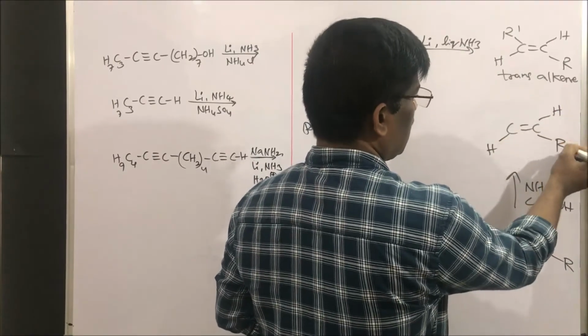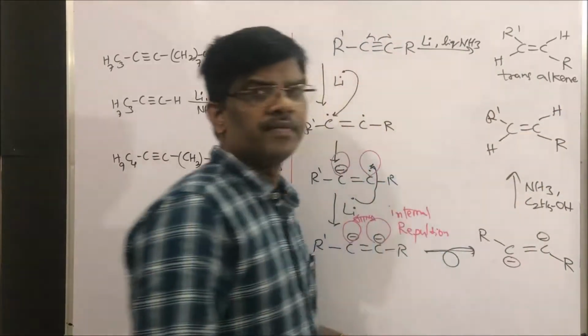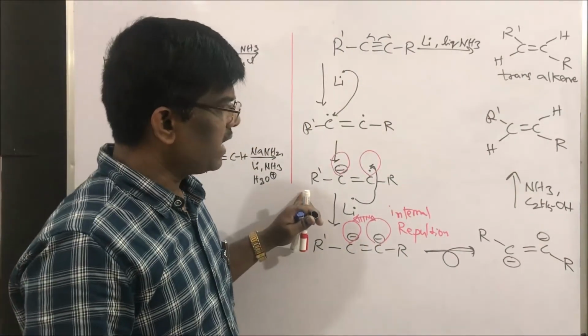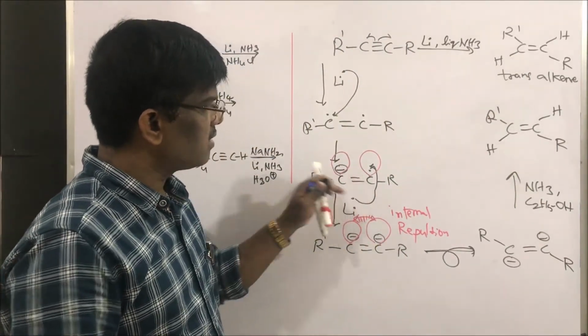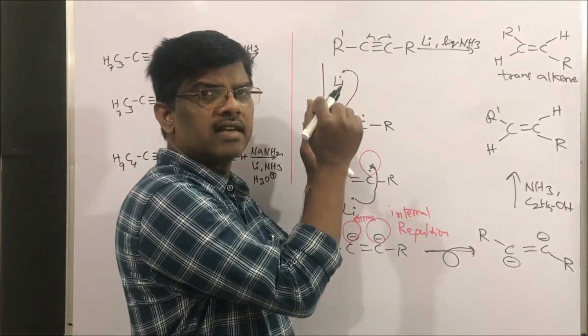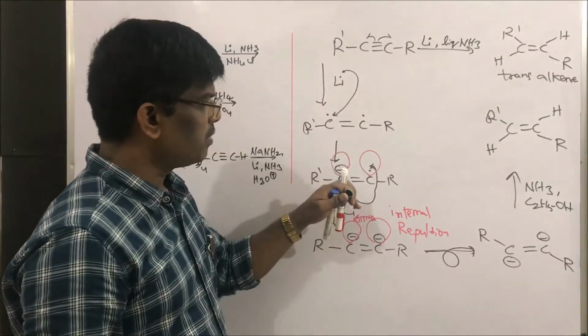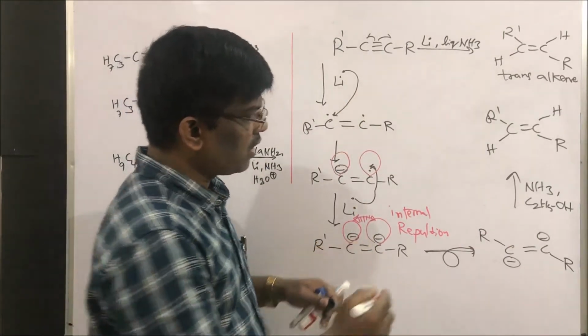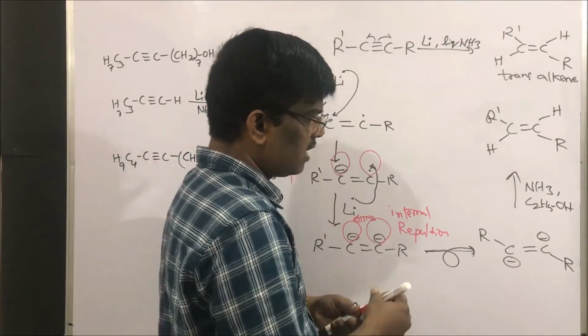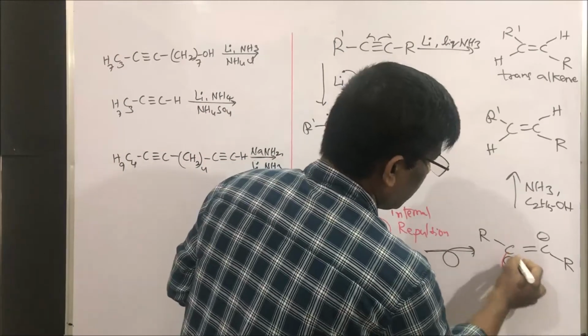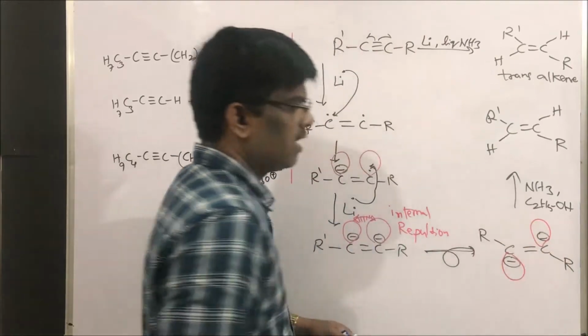Trans-alkene is going to be obtained. This is the case. So why is it trans? Because if both the groups are on the same side, it is not going to be stable. So it is going to rearrange like this, so that the repulsion between the two groups is minimized.